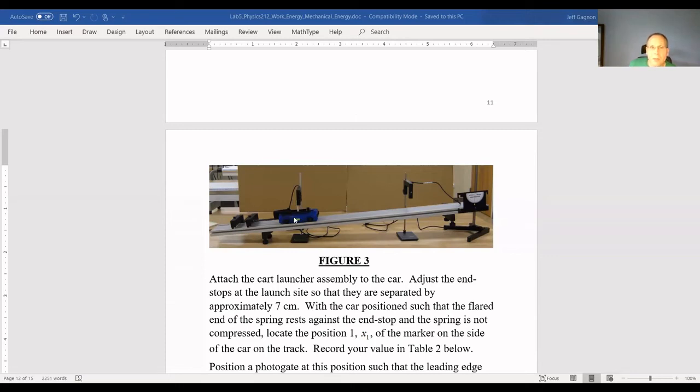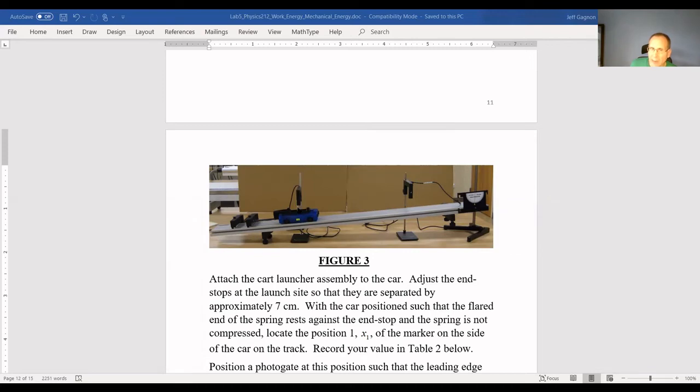What we do is we compress the spring. There's a little spring on the car here. And then we release the car, and it's going to have some initial velocity. We can calculate that initial velocity because we will know the time it takes that little flag to pass through the photo gate.